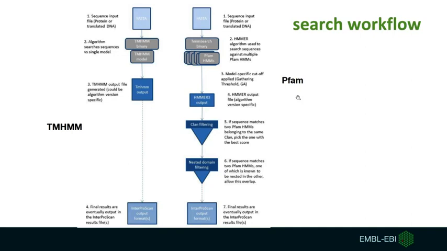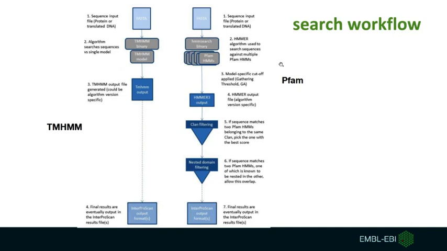If you look at the left-hand side, basically what you have is, given an input sequence in FASTA format, we run an algorithm against that sequence. In the case of TMHMM, we use HMMER, and we just take the output that HMMER gives us and put that into the unified view of the output.